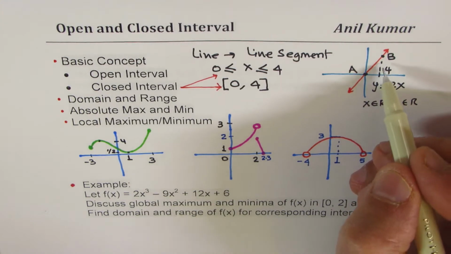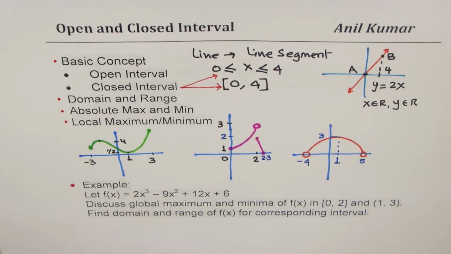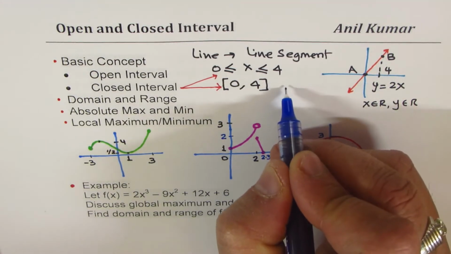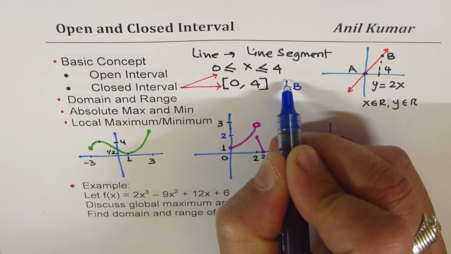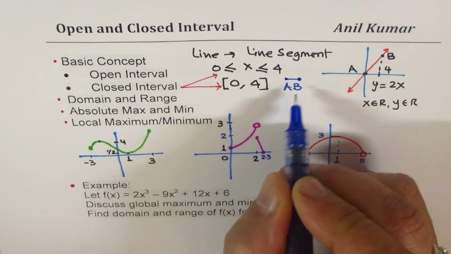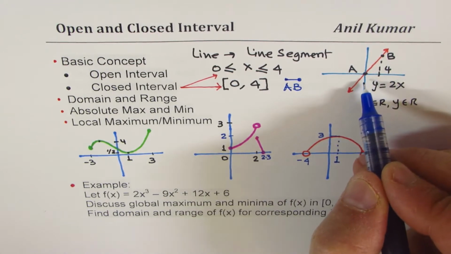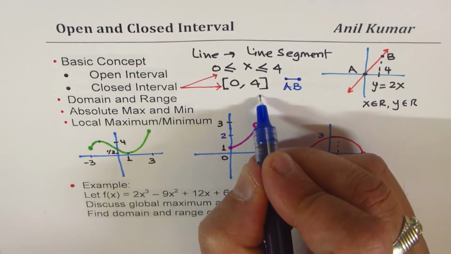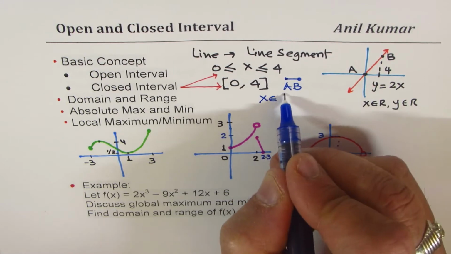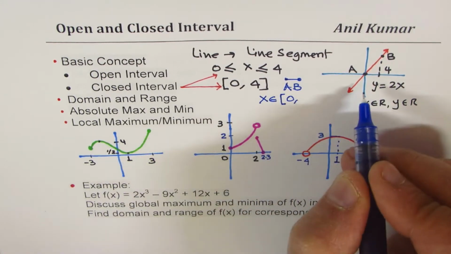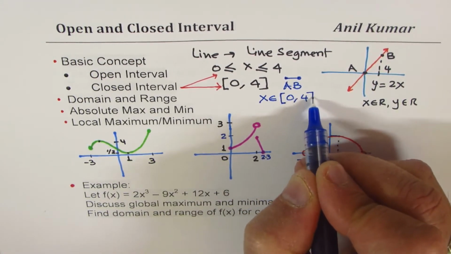Now, as soon as I restrict myself to line segment AB, then what happens? Now let's write down domain and range for line segment AB. So we are talking now about a segment which is confined on both the sides, right? For this segment, what is the domain? Domain for this segment is from 0 to 4.